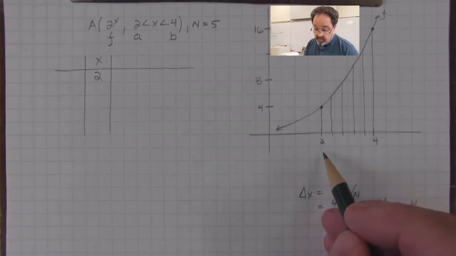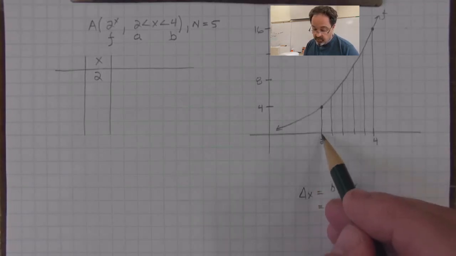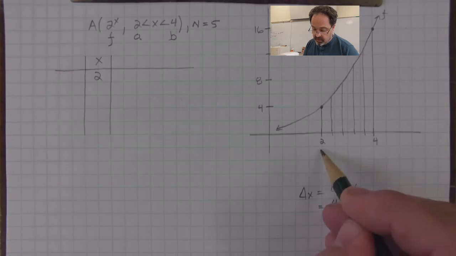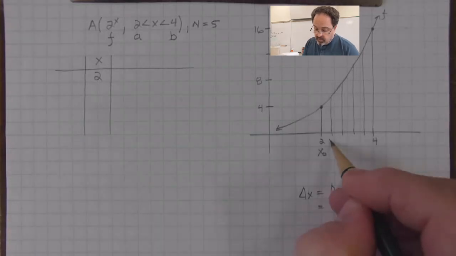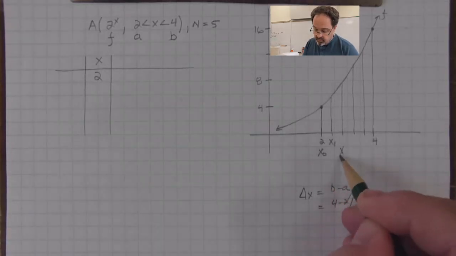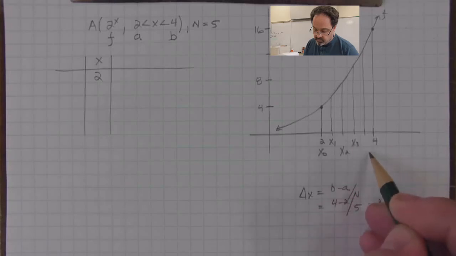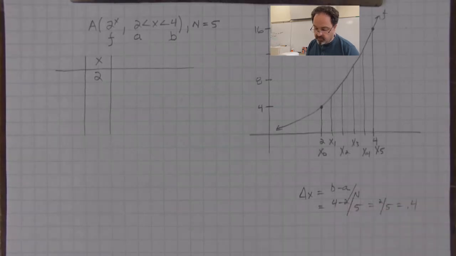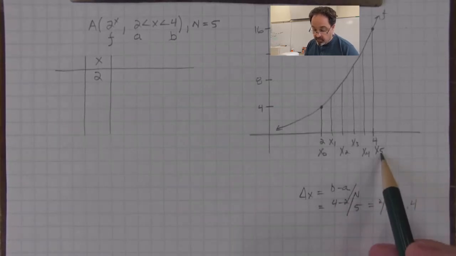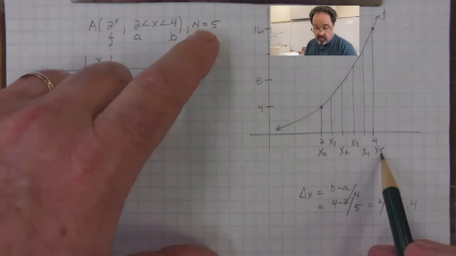I'm going to make a list of integers and start the first important location at 0 and call that location x sub 0. The next one would be x sub 1, then x sub 2, x sub 3, x sub 4, and I get to my last important location and call it x sub 5, and 5 equals the number of rectangles that I'm using.